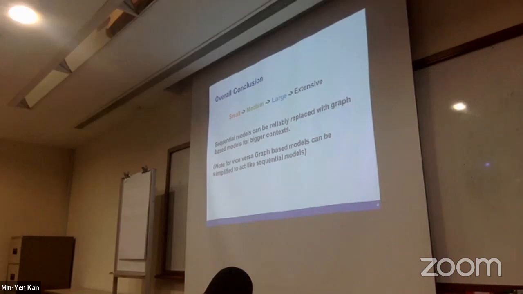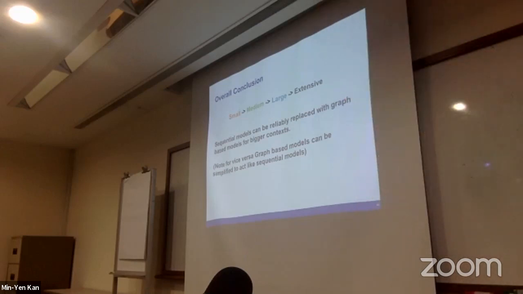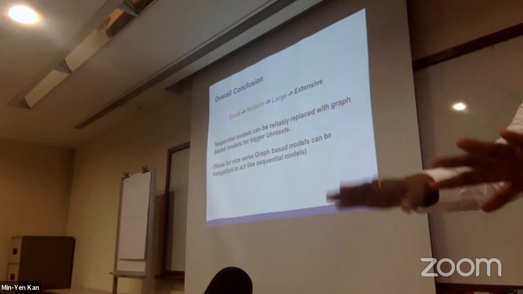So then, if that's the case, what are the differences between all these things? If the sequence model is a special case of the graph model, then there's not much. But I agree to that point.